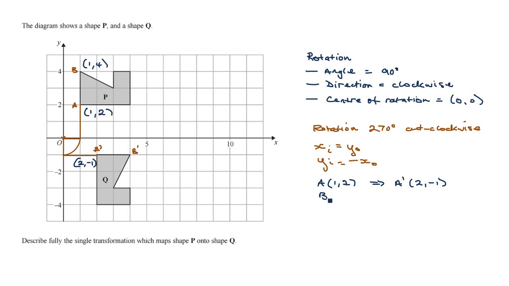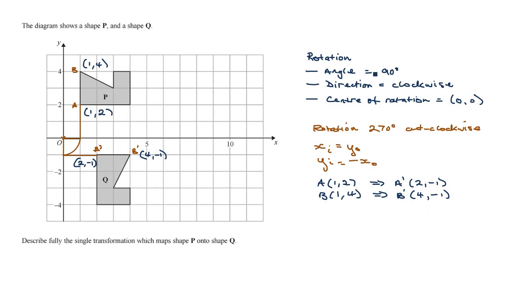Okay, let's try it with B prime. So we've got B at 1, 4. So that would map onto B prime. So the x coordinate of the image is the y coordinate of the object, so it's 4. And the y coordinate is the negative x component, so that's negative 1. So again, let's look at this and we can see that we go 4 along and 1 down. So B prime is indeed 4, negative 1.